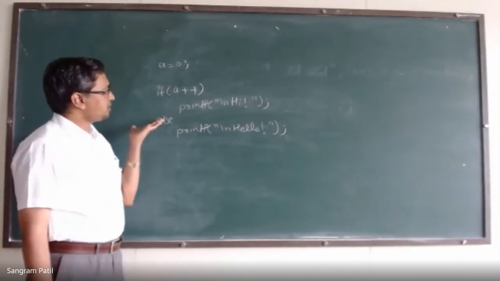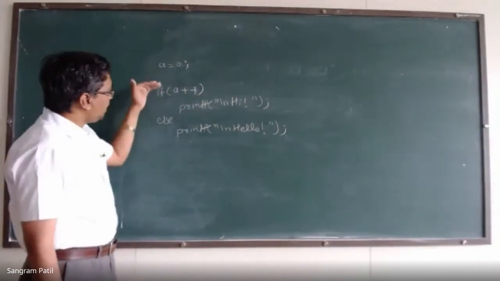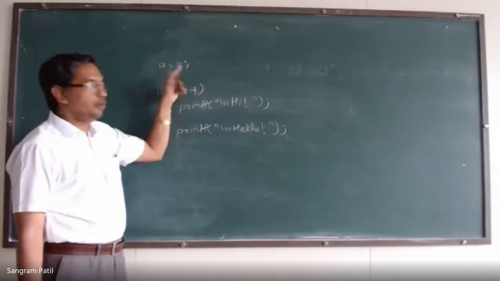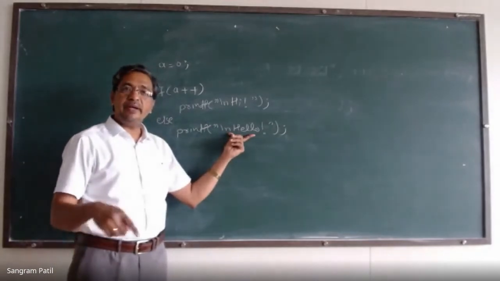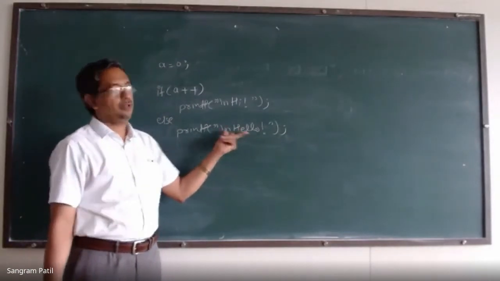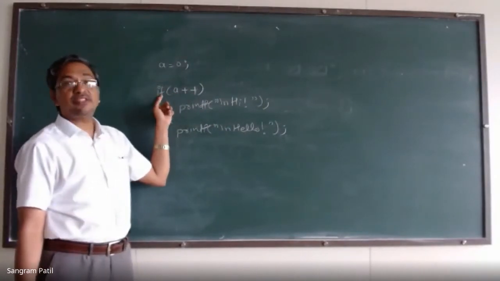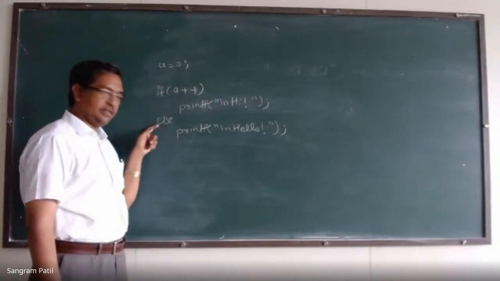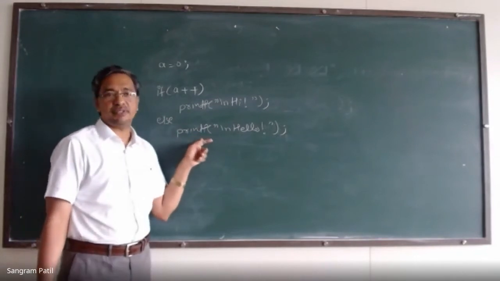So plus is present after the A. So it will compare A first. Value of A is 0, so this becomes 0. So it will print hello. And it increments value of A by 1. Value of A becomes 1. So in this case, it will check A is 0 or not. So A is 0. So it is decided to go to the else. It increments value of A and then it prints.